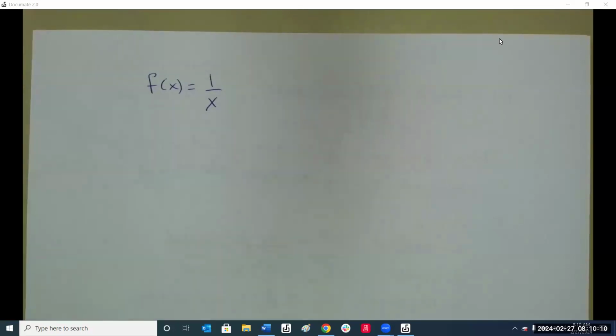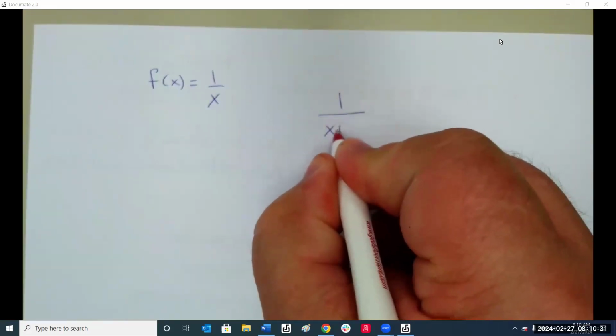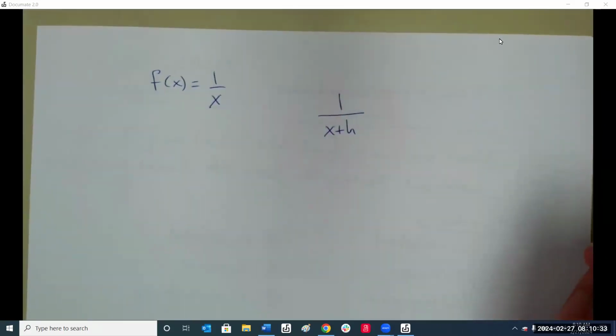And it's only part of it. It's still wrong. Negative 1 over x squared. But how did you figure it out? Use what we just talked about 5 seconds ago. 1 over x plus h. Keep on going.